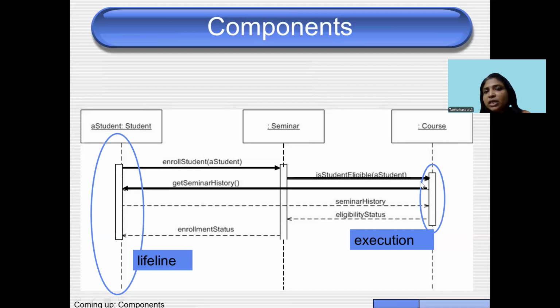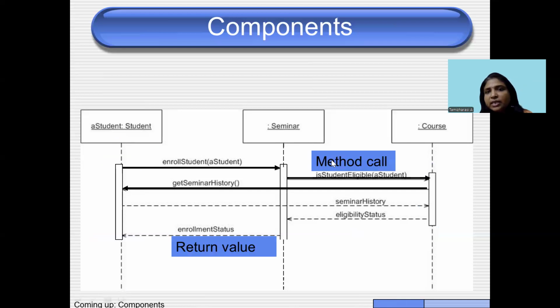Here the student is checking for eligibility and then the result is returned to the student. This part we call the execution and this one the lifeline. Then the seminar history is sent, then the eligibility status is sent, and finally the enrollment status is done. This is the lifeline for that particular action.